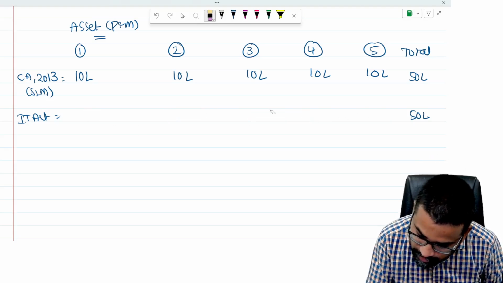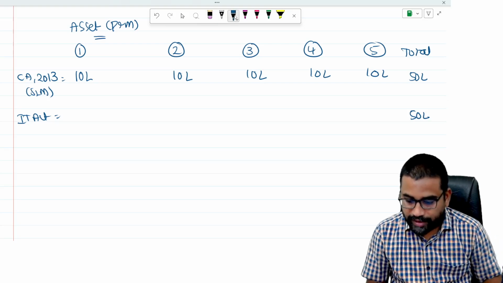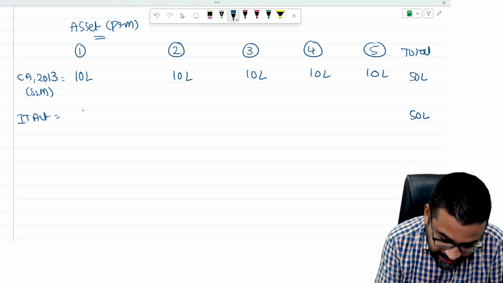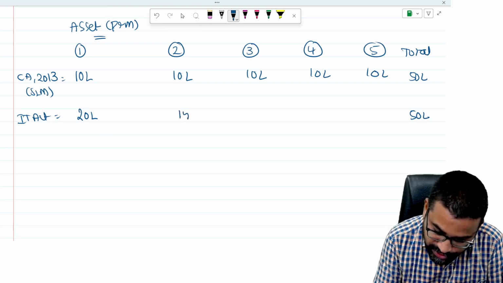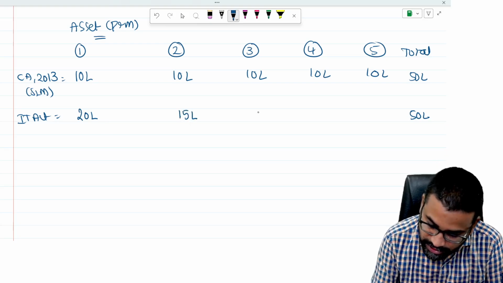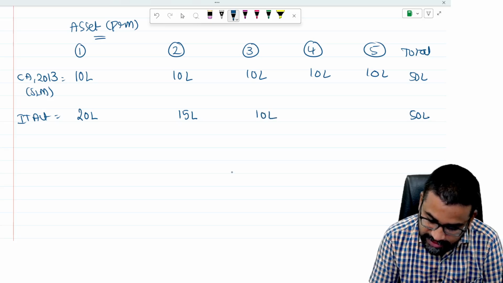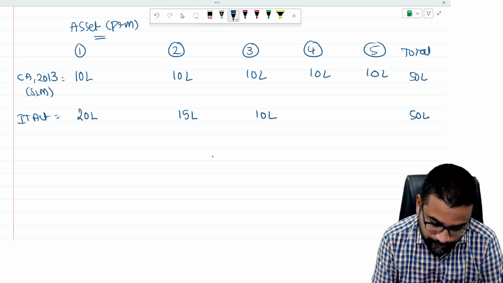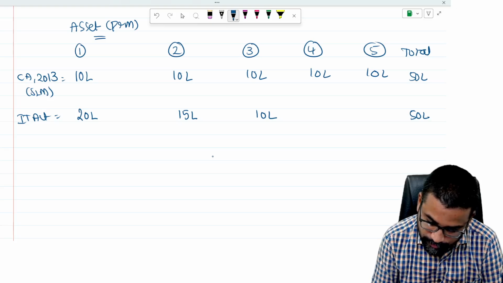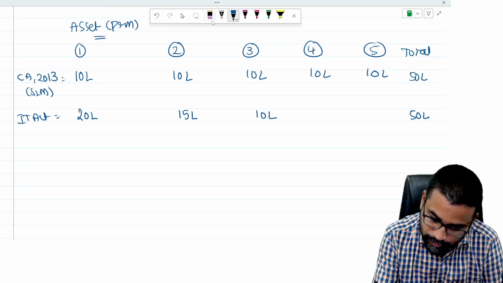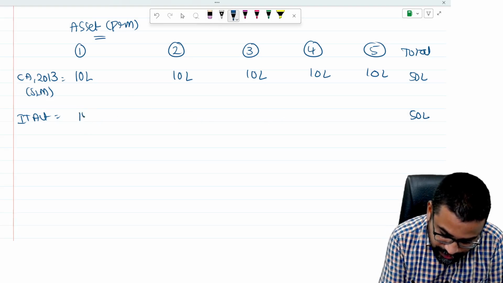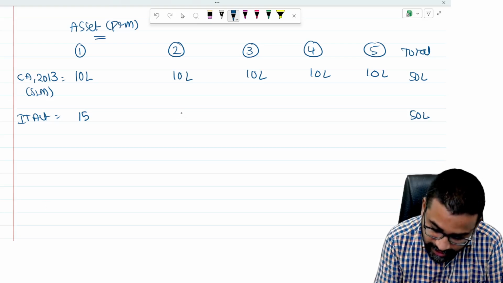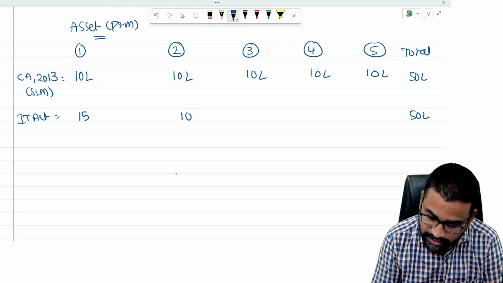See, I will tell you. For example, Income Tax Act, suppose the first year depreciation is 20 lakhs, second year depreciation 15 lakhs, third year depreciation 10 lakhs. Suppose first year depreciation 15 lakhs, second year depreciation 10 lakhs.